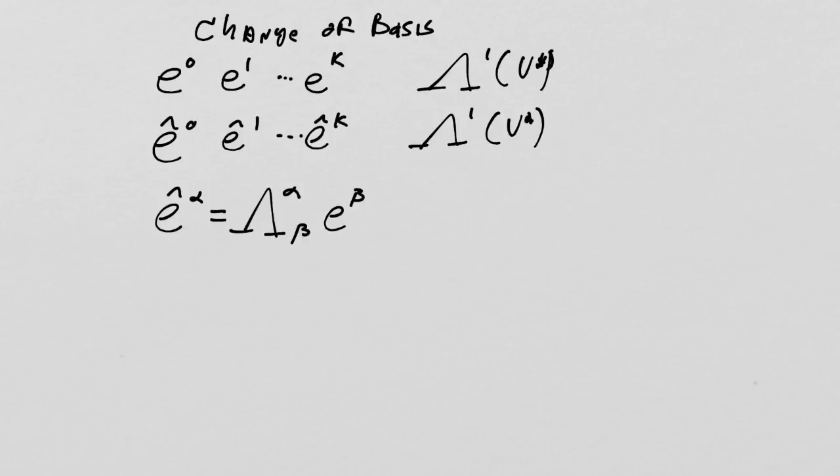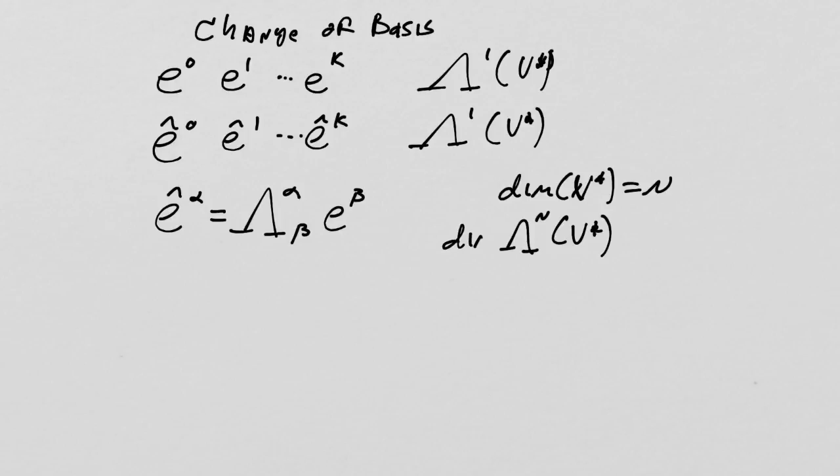So the interesting rule is that if the dimensionality of V star is n, we can form the vector space, the nth exterior power, which we know has dimension of 1, right? The dimension of this equals 1. It always equals 1 when the exterior power equals the dimensionality of the space in question.